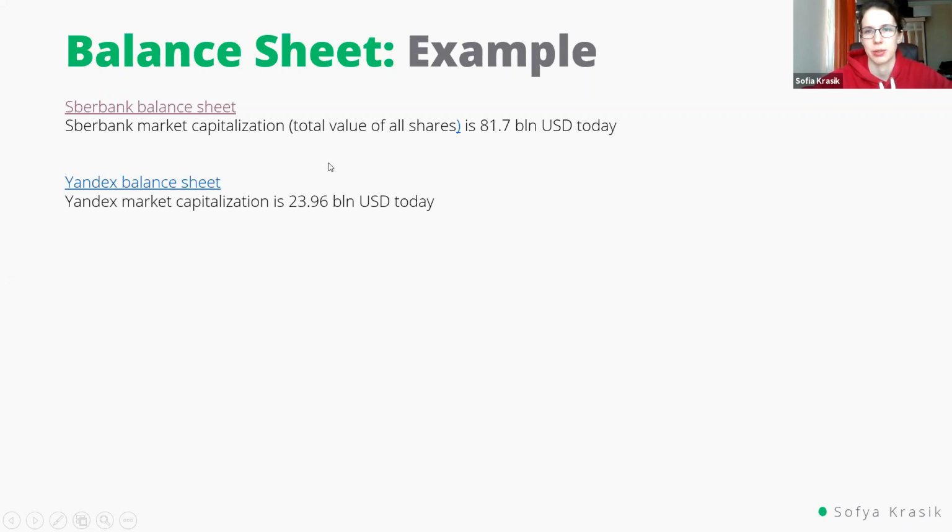Just try to guess. For Sberbank, for example, balance sheet value was around 65 billion, and market was around 82. So the difference was around 30%, maybe a little bit less.